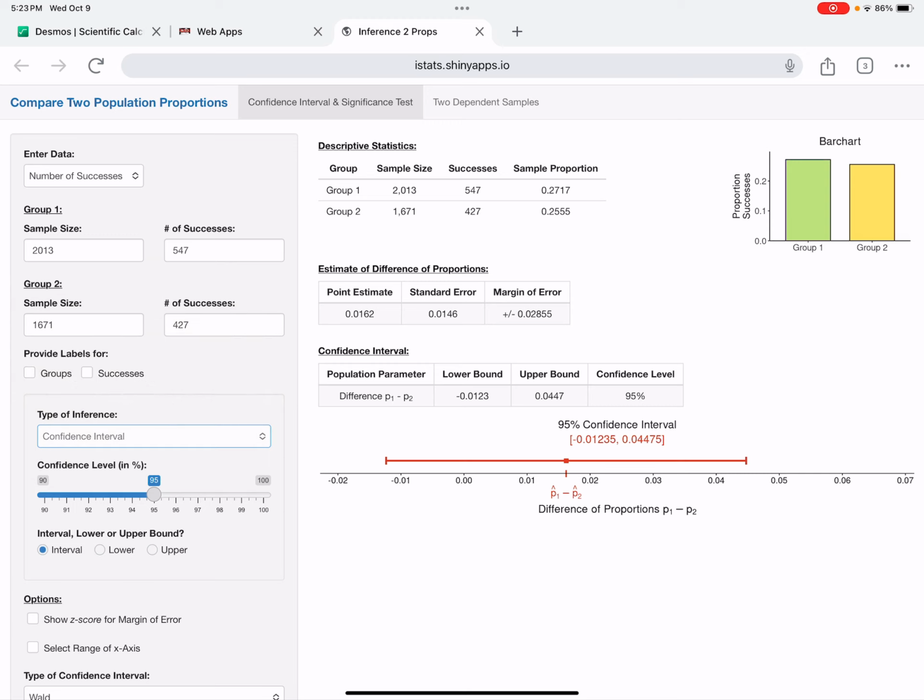Oh, confidence interval is what we want here. We want a 95% confidence interval, in fact. Notice that this confidence interval, interestingly, goes all the way to negative 0.1. So it goes below 0.